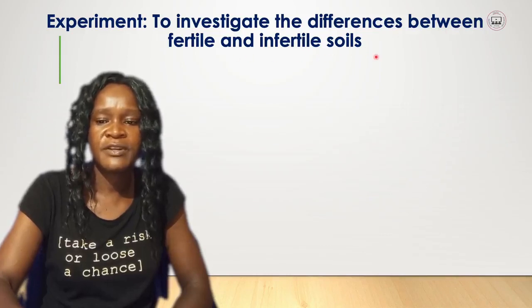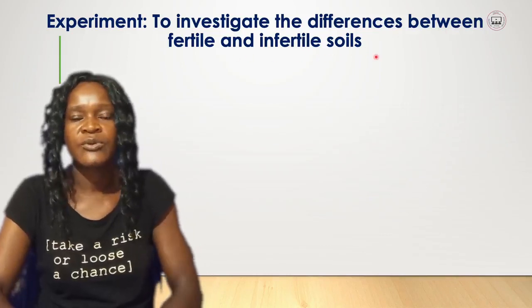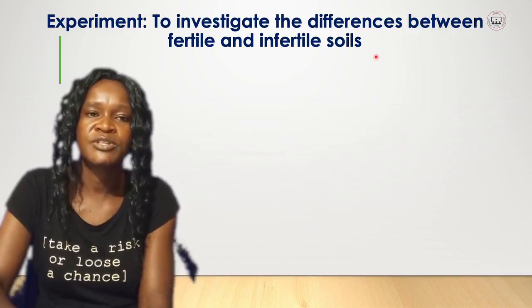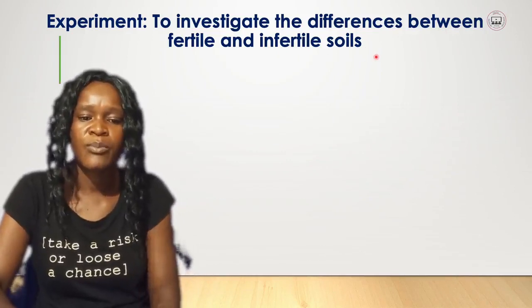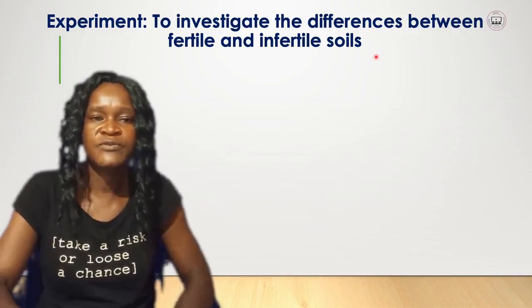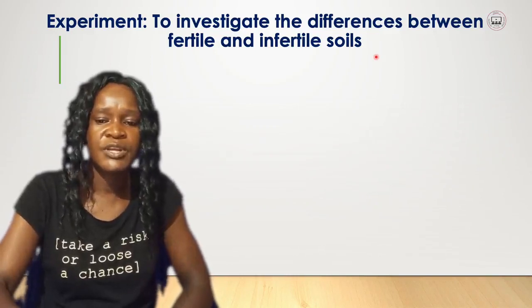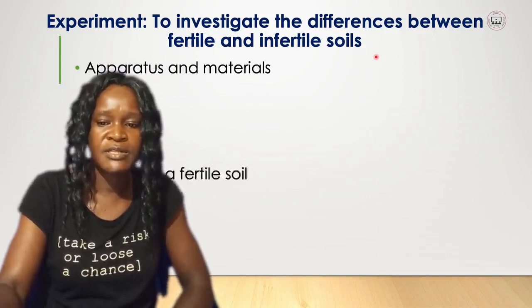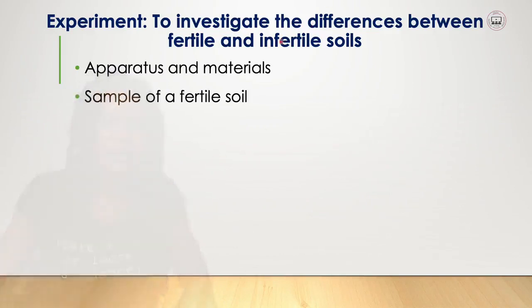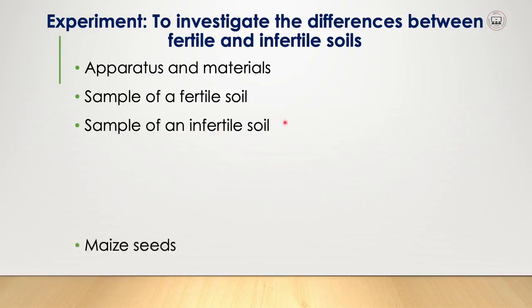just to investigate the differences between fertile and infertile soils. In order to conduct this experiment, you need the following materials. Number 1, a sample of fertile soil. You need a sample of infertile soil.